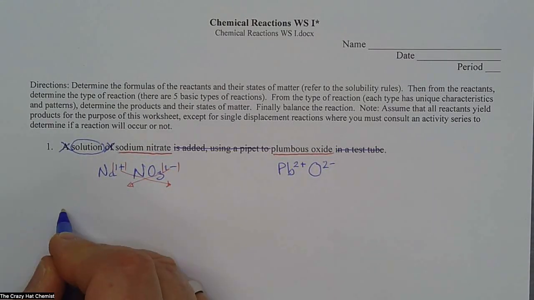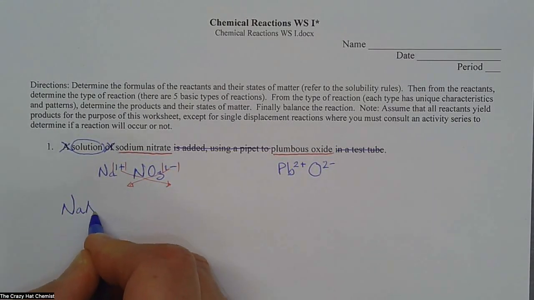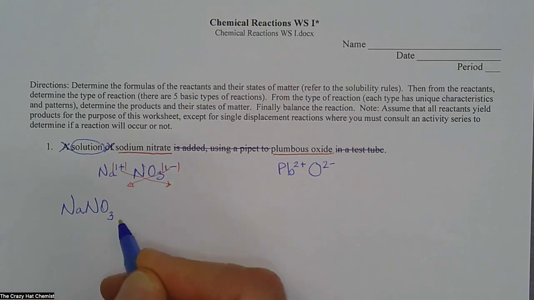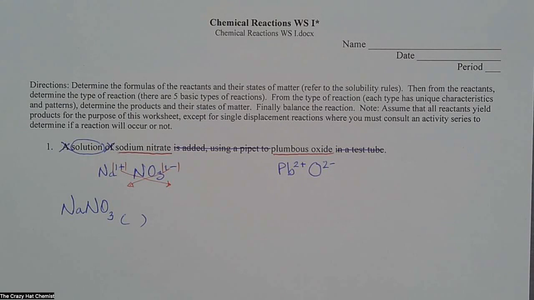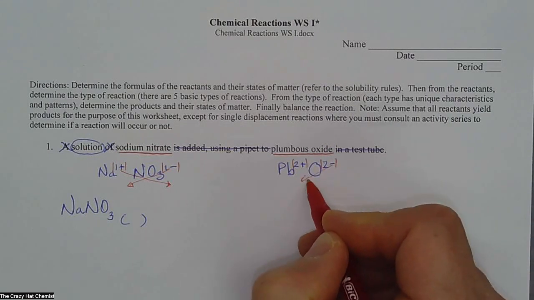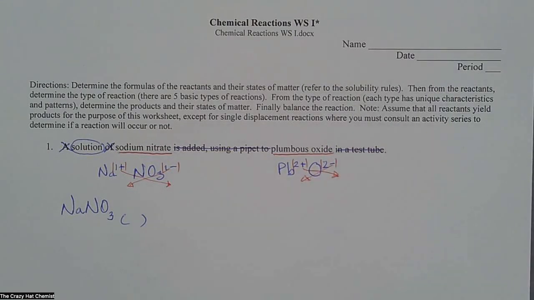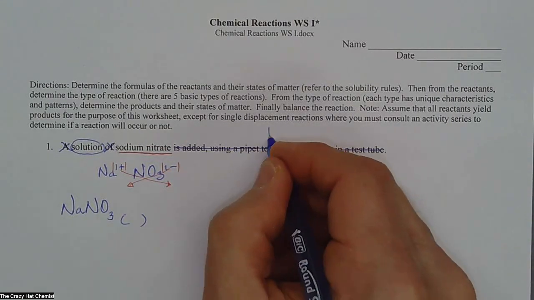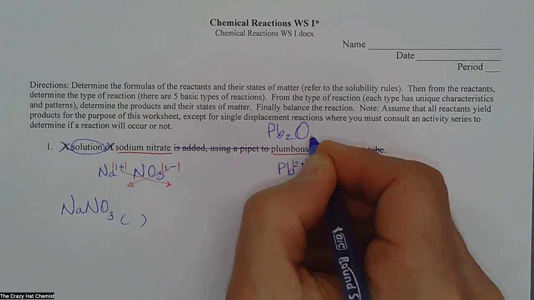So you're going to have Na NO3, and then we're going to have a parentheses because we're going to write the state of matter there after that. We're going to do the same thing for the plumbous oxide. We're going to take the absolute value of these two numbers, flip them, and bring them down. And what we get is an intermediate step as Pb2O2.